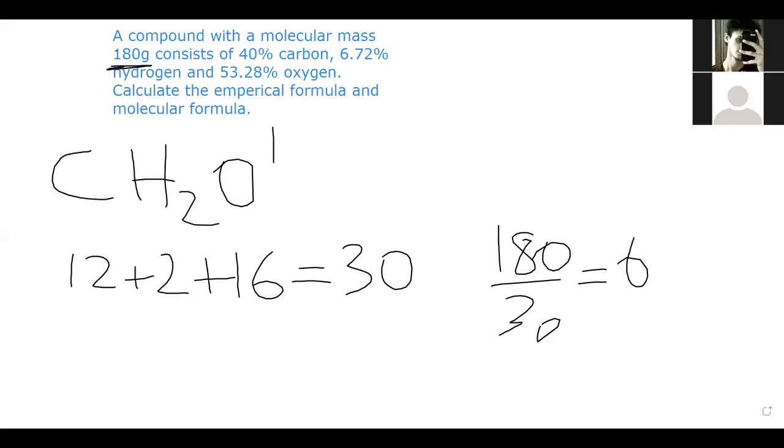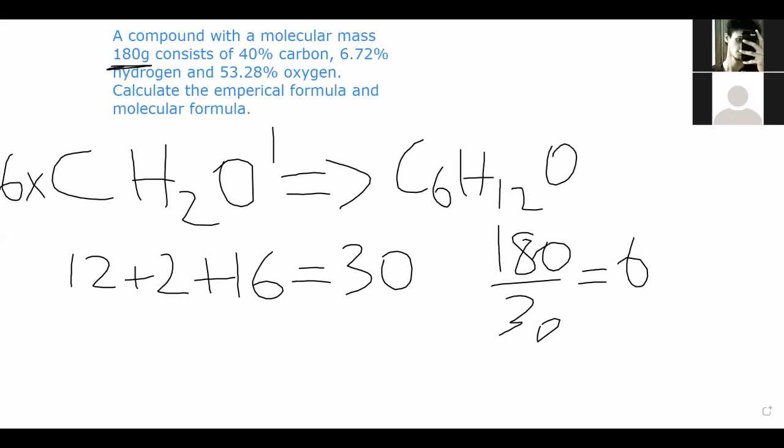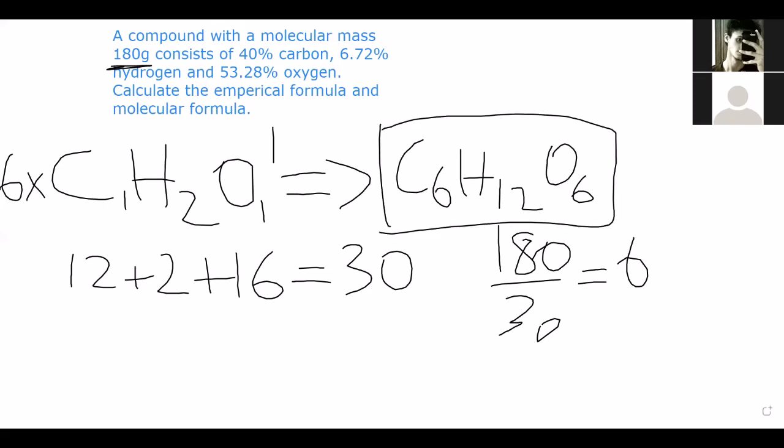So 6 into CH2O. This will give us C6H12O6. Because we have 1 over here, 6 1 are 6, 6 2 are 12, and 6 1 is 6. So this is the molecular formula, and this is the empirical formula.